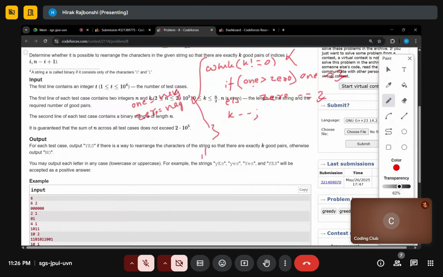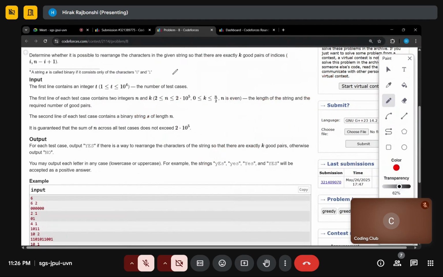So now I need to check a case if ones is less than zero or zeros is less than zero. If yes, then the answer will be no. Or let's suppose a case where the given string is this.